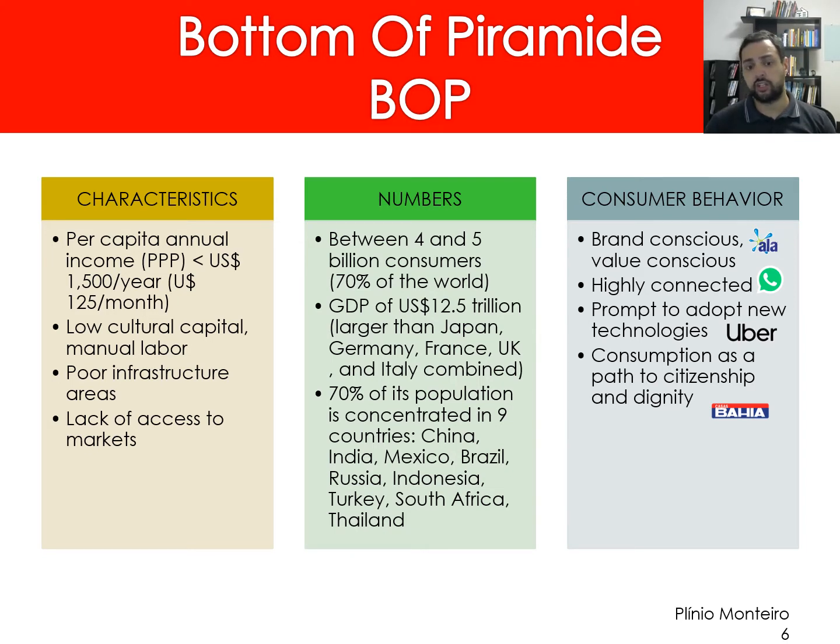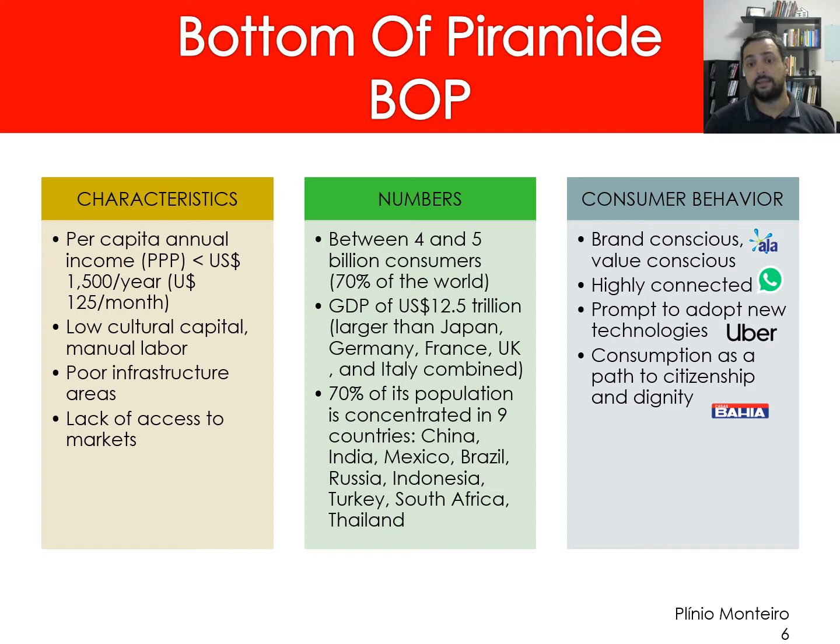Usually they are not so educated, and they usually do manual labor. Usually they also live in poor infrastructure areas, and they lack many products and services that we can find in developed countries or in other areas, even in the underdeveloped countries.